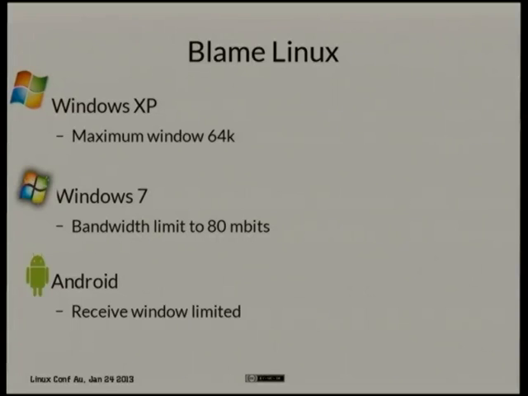It turns out that the Android guys discovered the same problem running over 3G networks. So they did some Linux tuning to reduce the receive window down. So Android phones have a hard receive buffer limit to basically do the same thing as the other OSs. So basically, people put in hard governors to work around the problem.